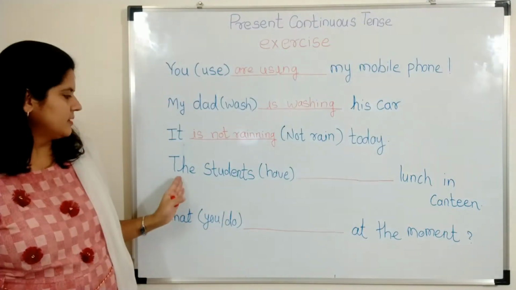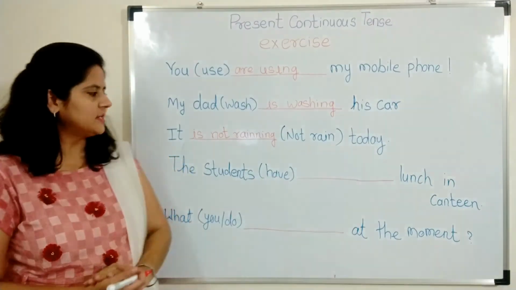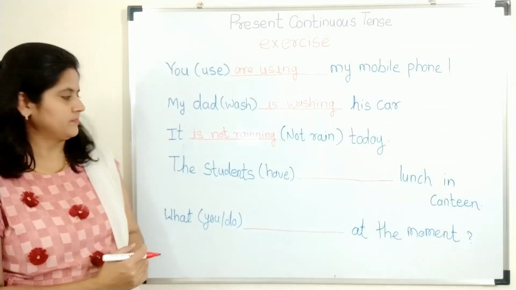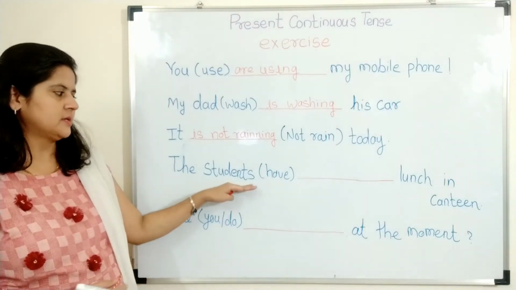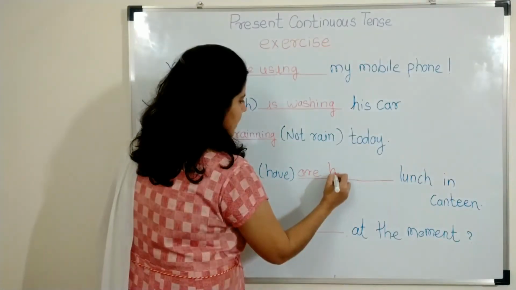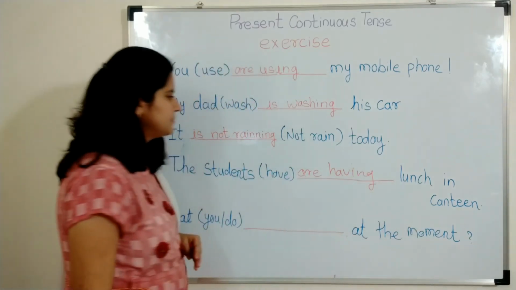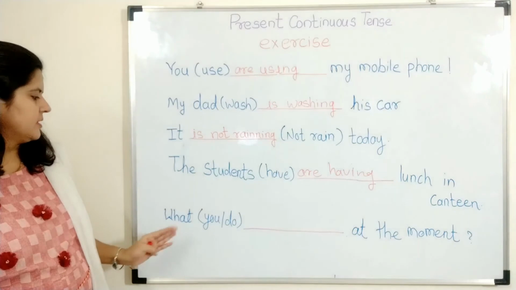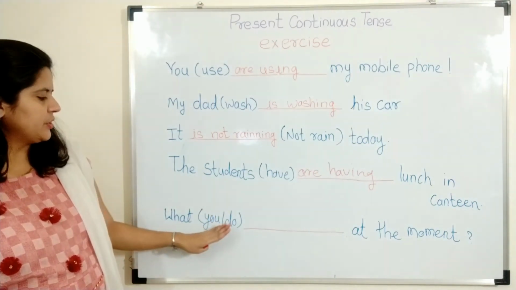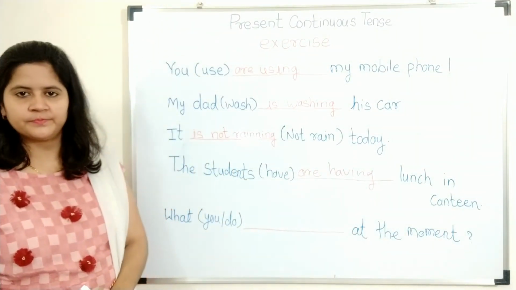Then the students dash lunch in canteen. Here we are using have as an action verb. So the students are having lunch in canteen. Very simple. Then there is one question: What, you/do at the moment.